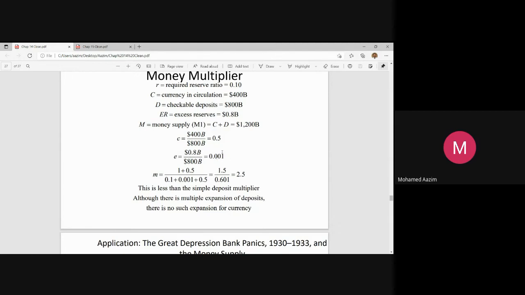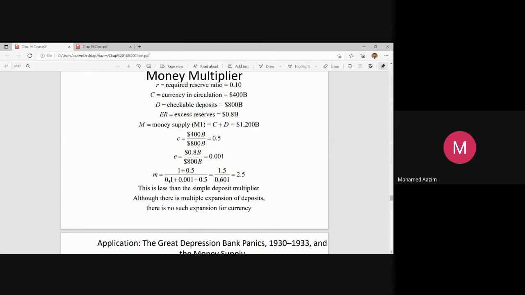So you know the multiplier is 1 plus c. You already derived small c, which is 0.5. So 1 plus c is 1.5 if you aggregate it. The denominator is, what is that?